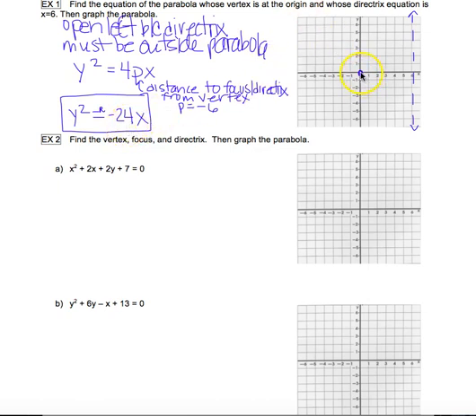So if I go and plot my focus, which should be 6 units the opposite direction, 1, 2, 3, 4, 5, 6, that means that at this point, I should be able to go 24 total units to get the width, which would mean 12 units up and 12 units down.